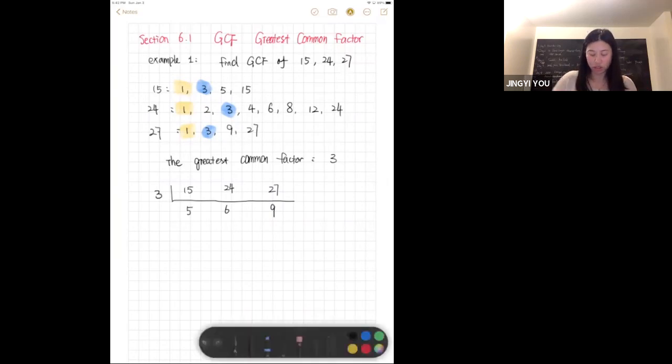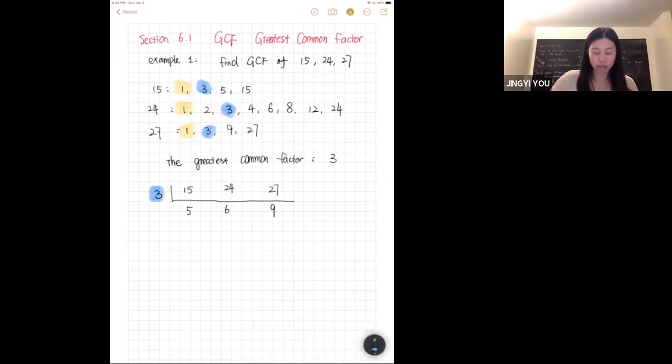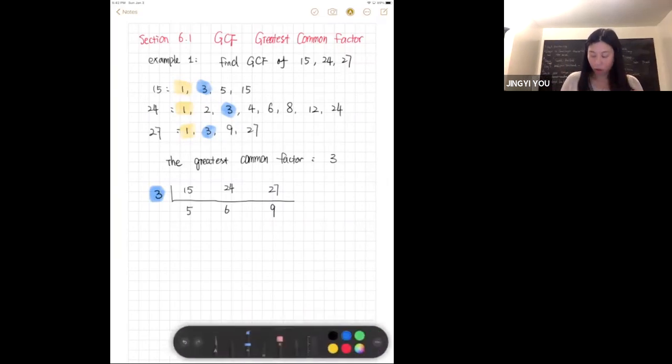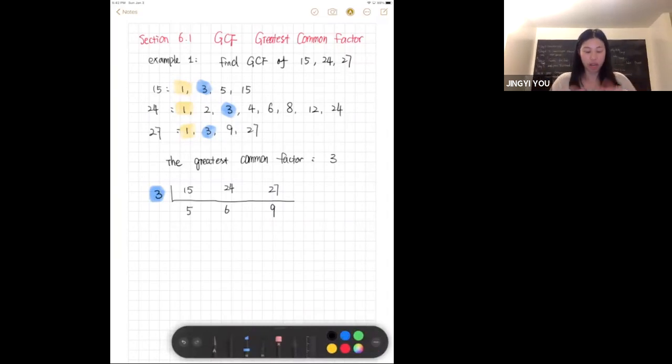Since they can all be divided by 3, the 3 on the left side is our greatest common factor.